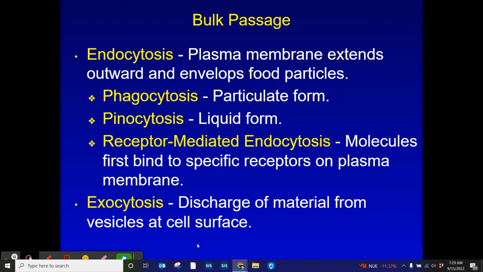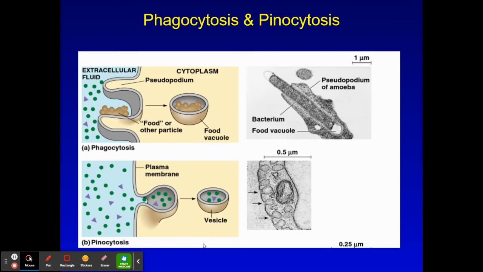All right, so let's look at this one, phagocytosis and pinocytosis. Here's a picture of phagocytosis. We see extracellular fluid, and we see this could be a bacterium. It could be a lot of different things.